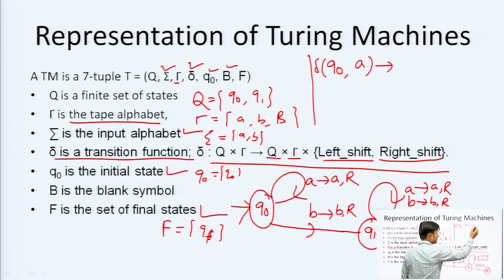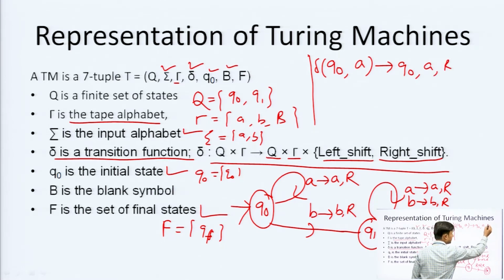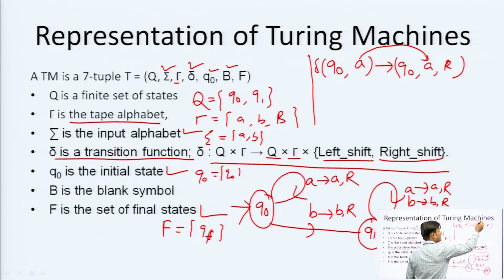The same thing: it will go to Q0, the tape input is A, and move right. This is the transition function. Whatever A is there remains the same, no need to modify.